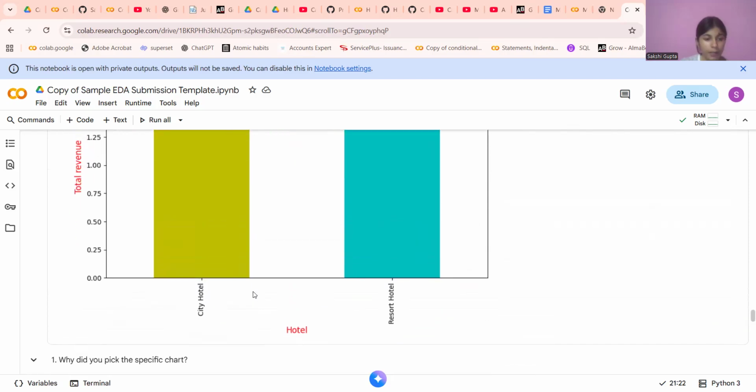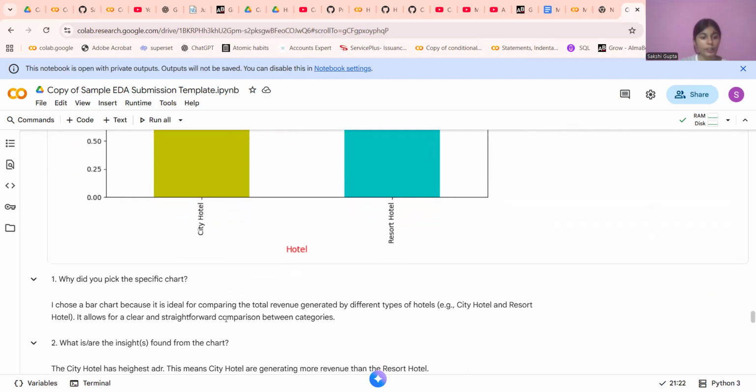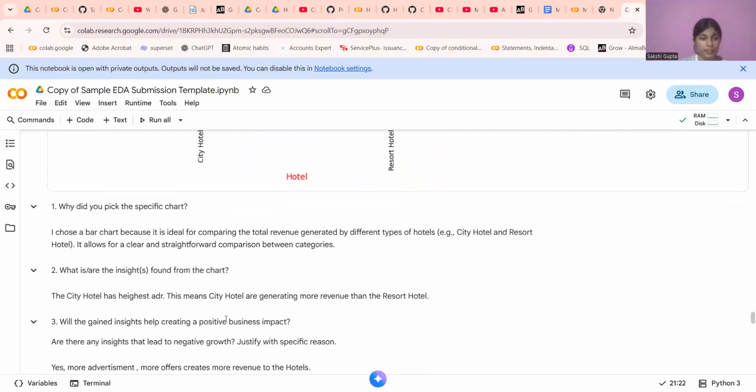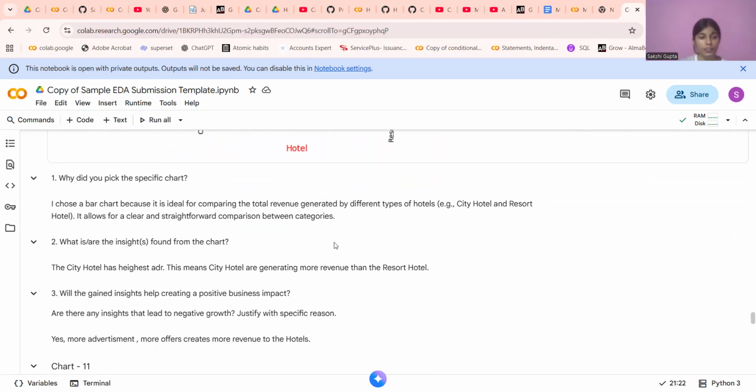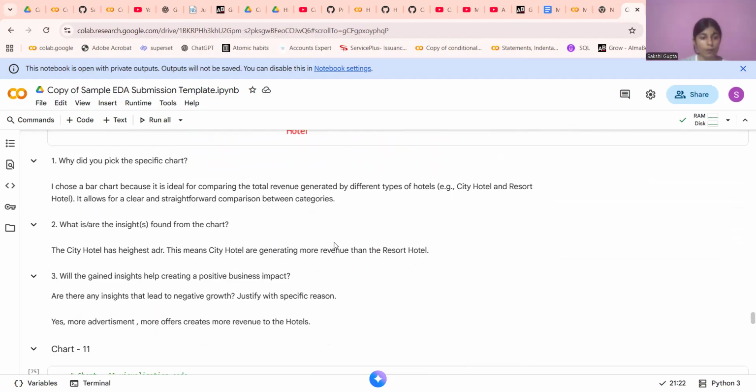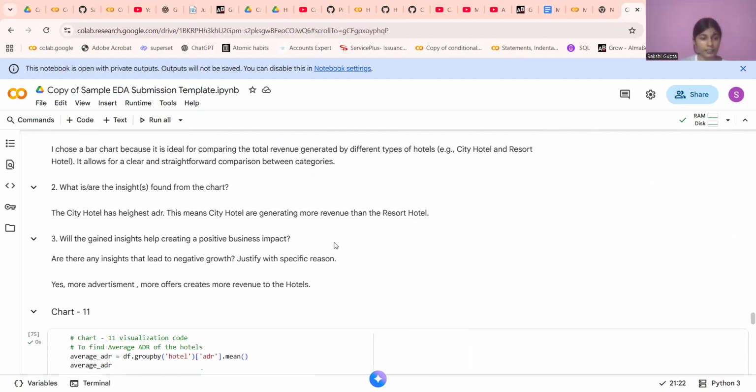Here it is a bar chart. Why did you pick the specific chart? Then I choose a bar chart because it is ideal for comparing the total revenue generated by the different types of hotel, like city hotel and the resort hotel. It allows for a clear and straightforward comparison between the categories.